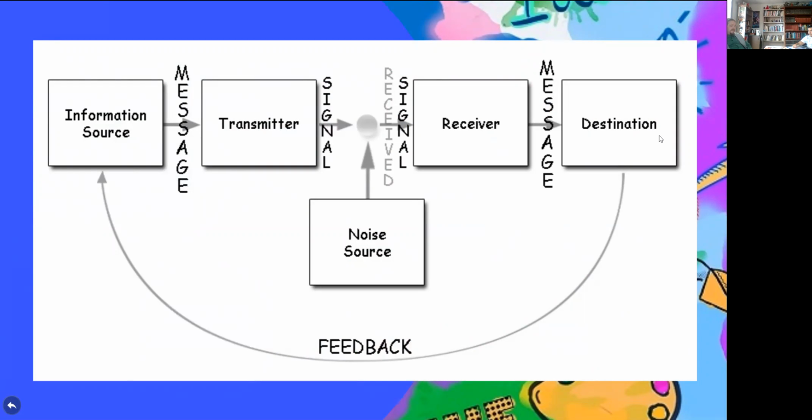This model is called the Shannon and Weaver model. From what I understand, Shannon and Weaver worked for AT&T. They were trying to create a model that would describe what was going on with a telephone. And in that case, it's pretty good, right? You've got the transmitter on one end, the receiver on the other, people on either side of that. It works pretty well for that.